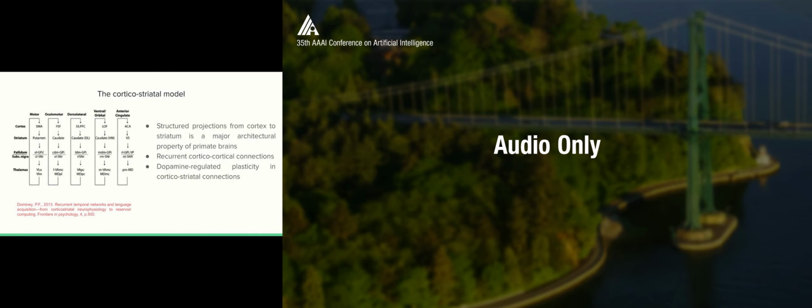The observation was that a major property of the brain architecture in primates is the presence of massively unstructured projections from the cortex to the striatum. These are part of a set of closed loops where the signal goes from the neocortex to the striatum, to the pallidum, to the thalamus, and back to the cortex again.